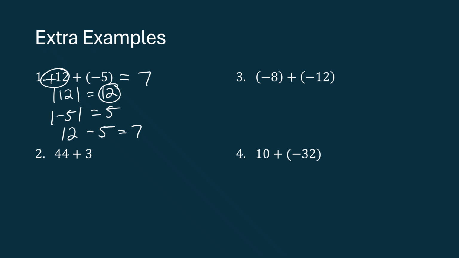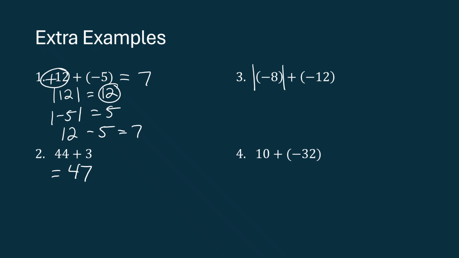In the case of 44 plus 3, we've seen integers being added together when they're both positive. So we're going to add those together like we have in the past and just get positive 47. Two positives will always equal positive. In the case of two negatives, like number 3, we have negative 8 plus negative 12. Similar to number 2, we're going to add their absolute values together, but the answer is going to be negative.